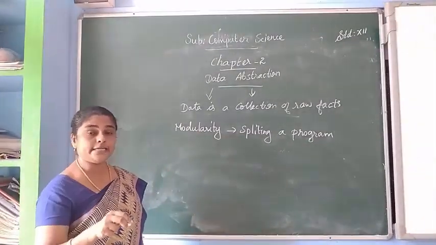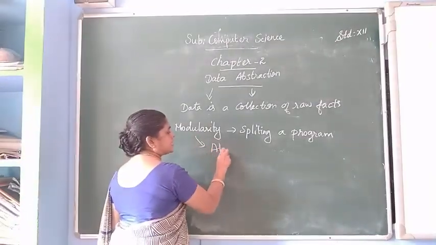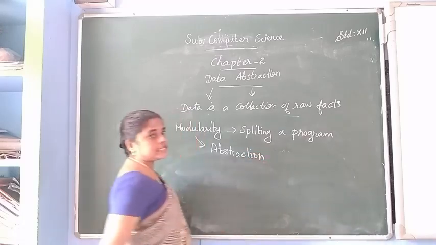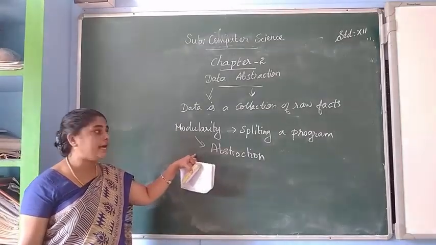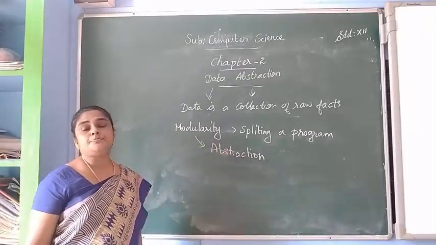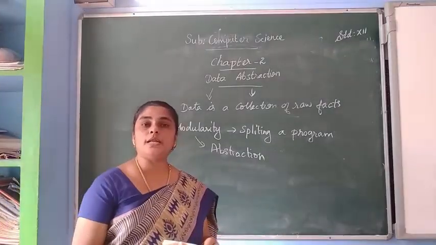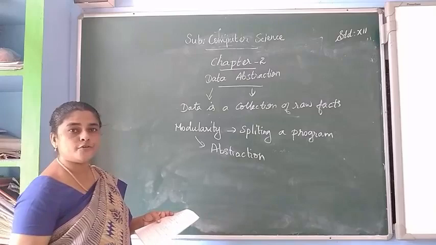Modularity. This modularity provides the abstraction. So can you understand? This abstraction provides the modularity. Modularity means splitting a program. Splitting a program means the program is divided into several small sections of code.